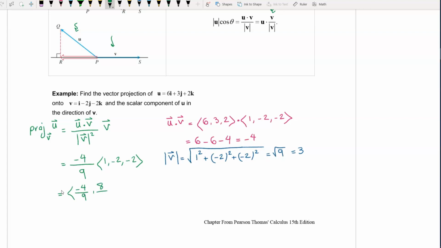So negative 4 times negative 2, we have also 8 divided by 9, and here we have 8 over 9.